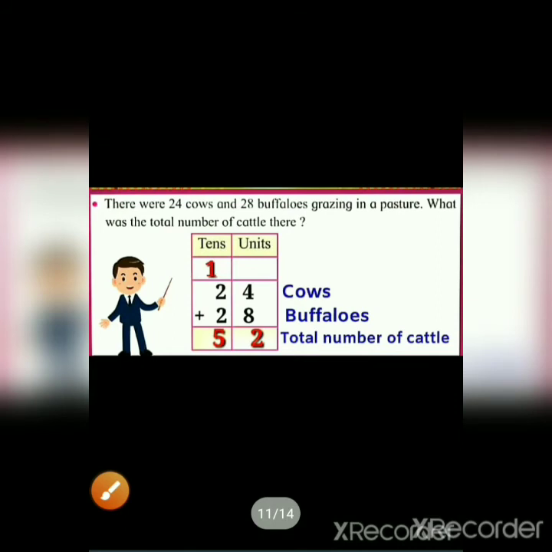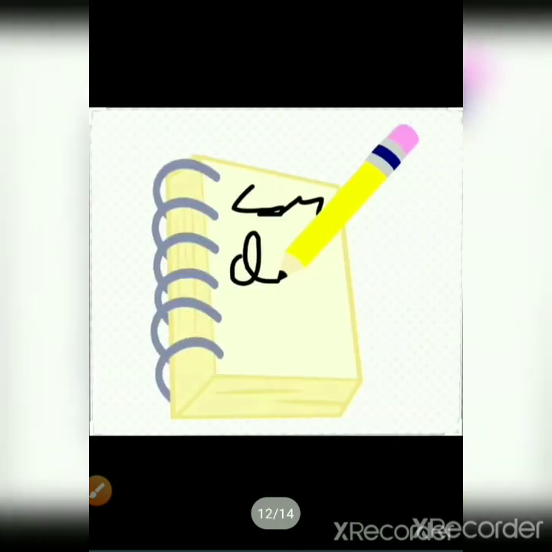Now, you all know how to do addition and word problems. So, I hope you all have understood this chapter. So, after explanation, we will complete copy work.